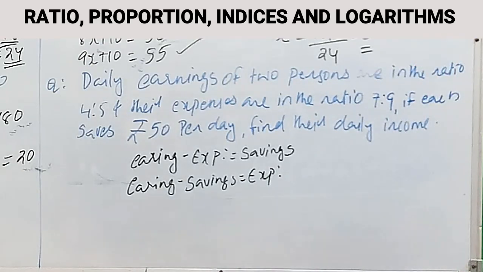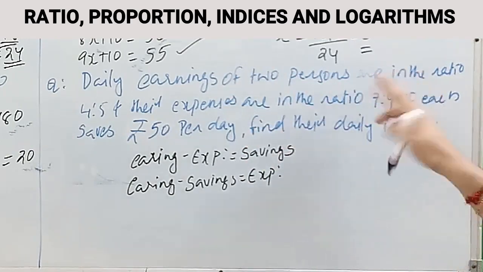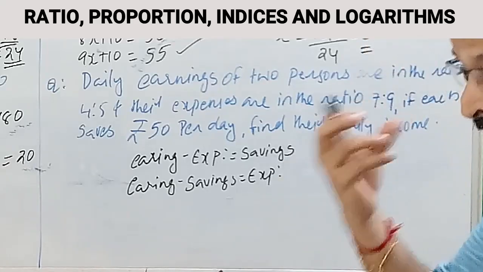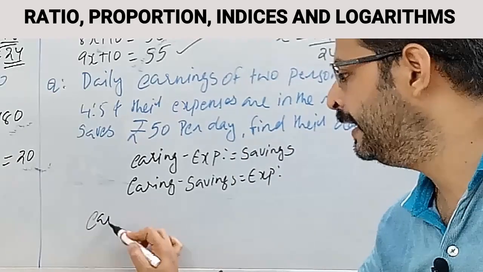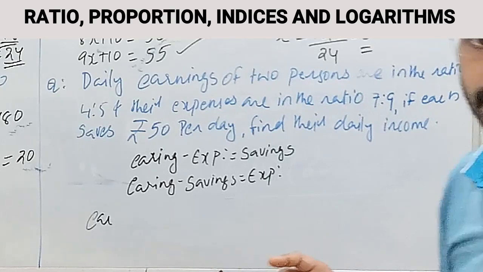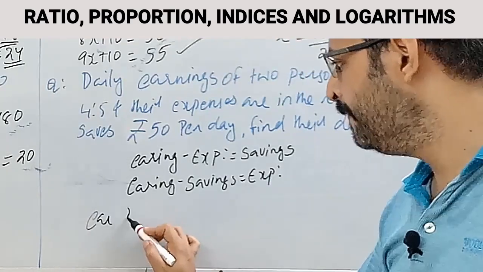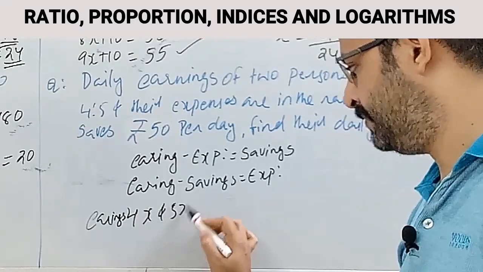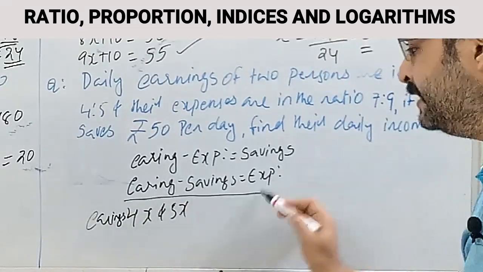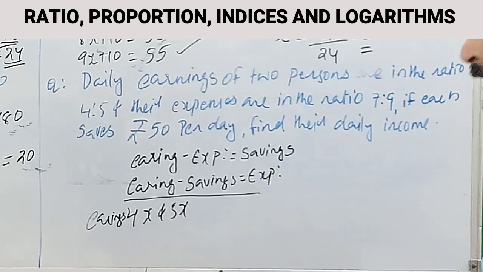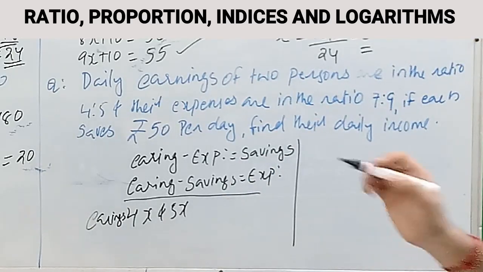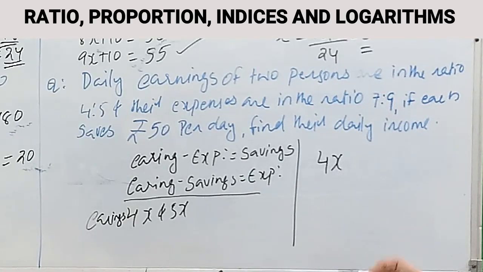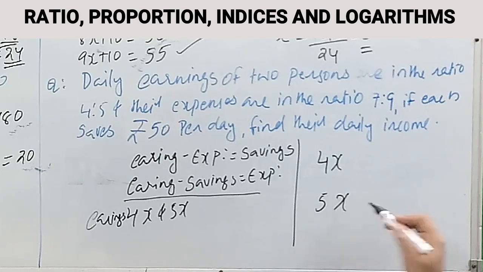Okay. In the question, it is given that the earning ratio of 2 persons is 4:5. That means actual earnings will be, both the terms can be multiplied with the same non-zero number. That means earnings are 4x and 5x. The earning of first person is 4x and that of second person is 5x.